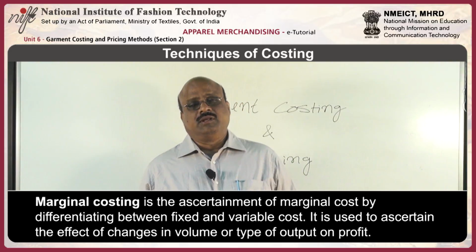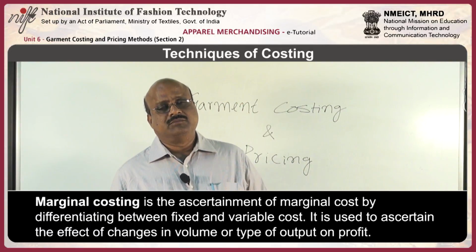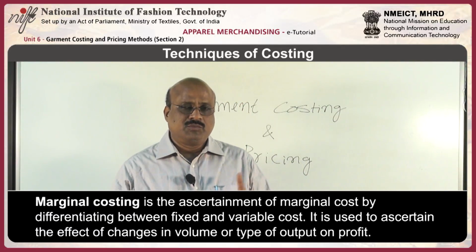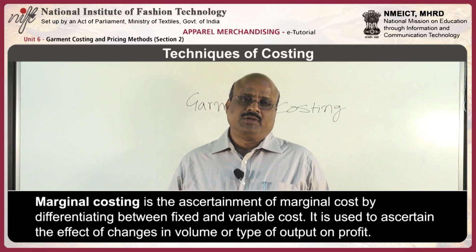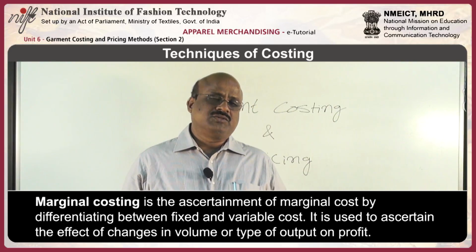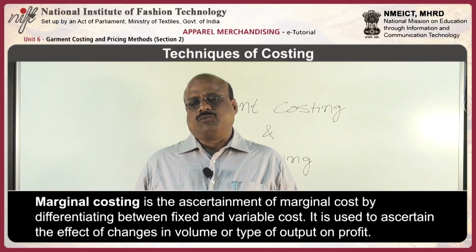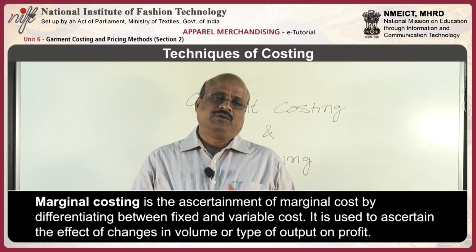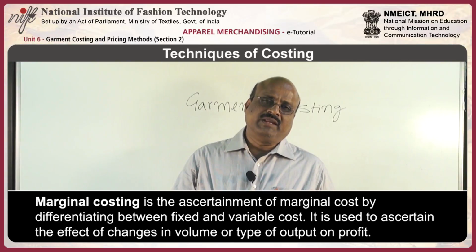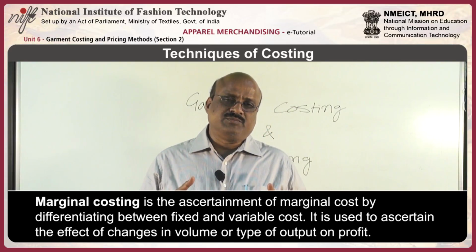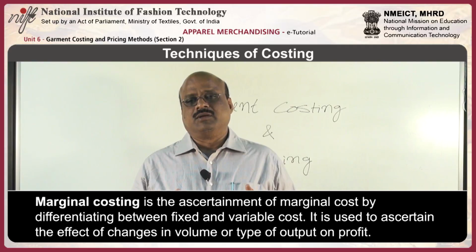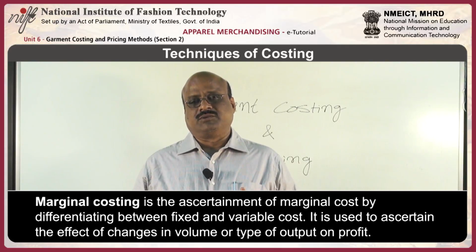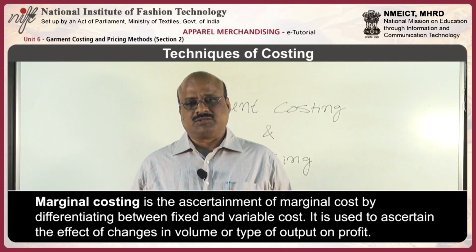As the number of products produced increases, there will be direct costs and indirect costs. So what is the additional amount of cost incurred by the manufacturing unit when an additional product is produced? That is called marginal cost.